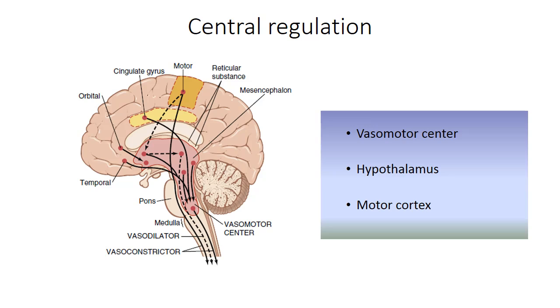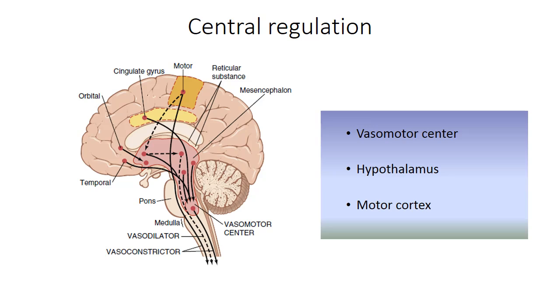The posterior side of the hypothalamus stimulates the vasomotor center and constricts vessels, but the anterior part of the hypothalamus can inhibit the vasomotor center, so it inhibits vasoconstriction of vessels. Also, the other important part is the reticular substance.